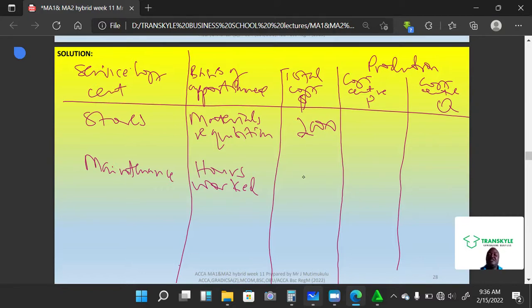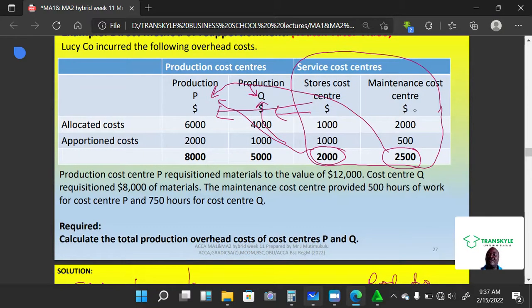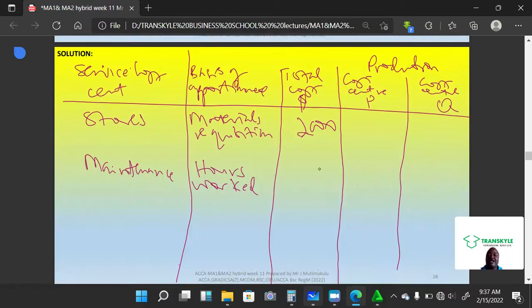But as I have put, total cost is in dollars, so obviously you do not pick the figures for hours here. For maintenance, it's not that tricky. Just go straight to the maintenance cost center total of 2,500 and slot the figure in.